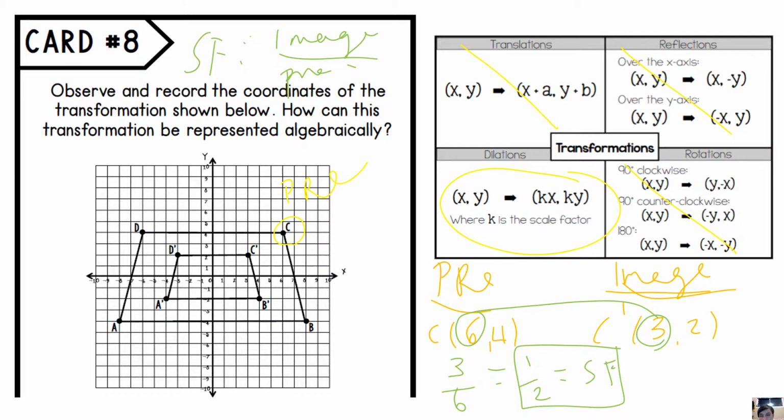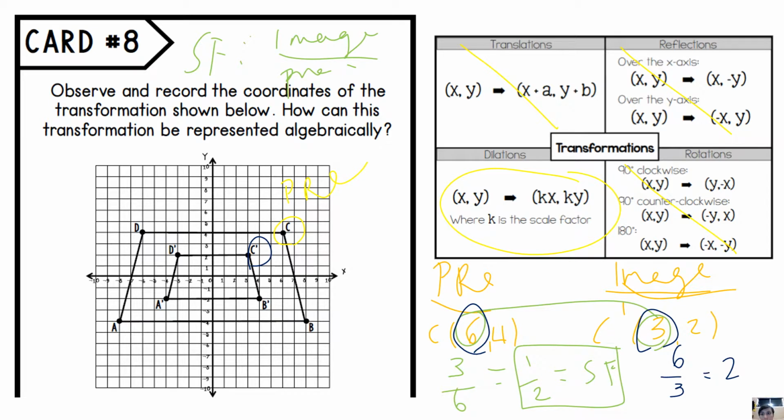If you didn't remember that and you just wanted to try it out, I'm going to do that in blue. And you knew to check one, and you got 6 and 3, and you knew to use X on both, but you did this instead, 6 over 3. Well, that would give you 2. But since that has the apostrophe, it has to come after.